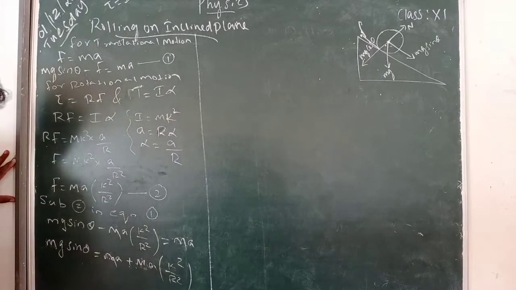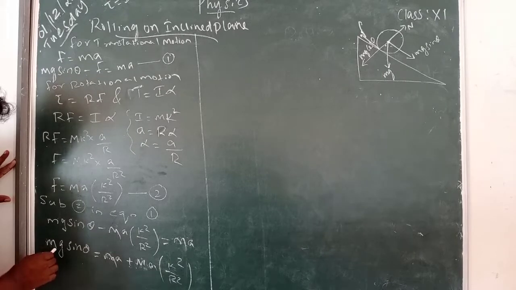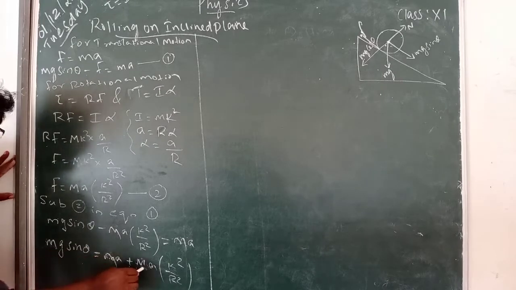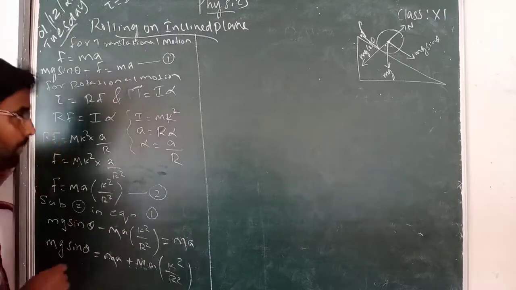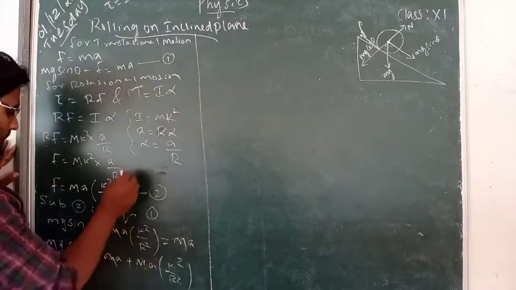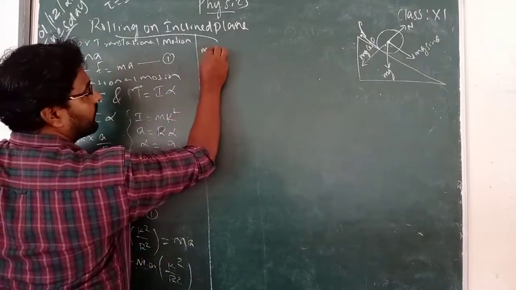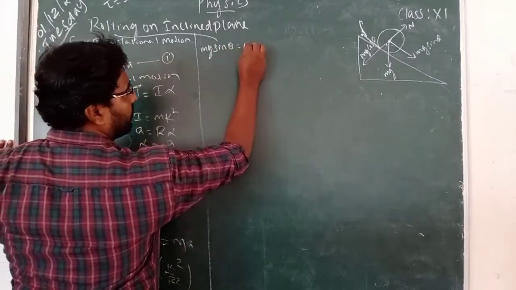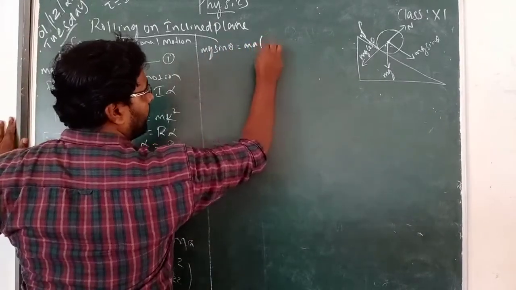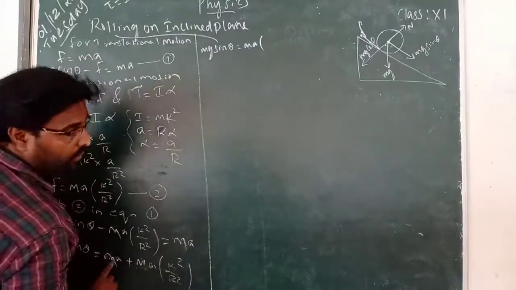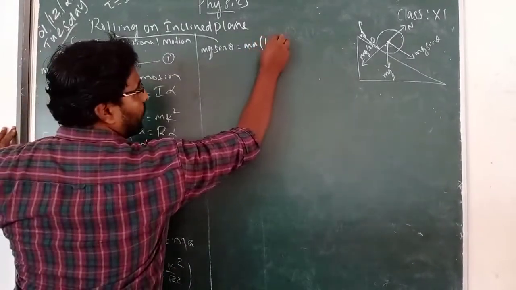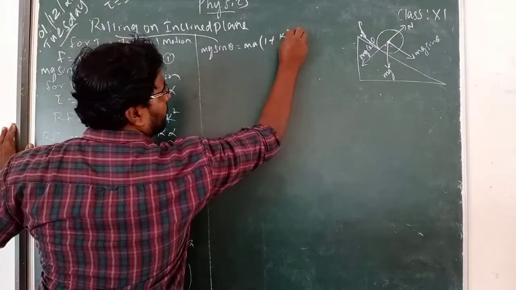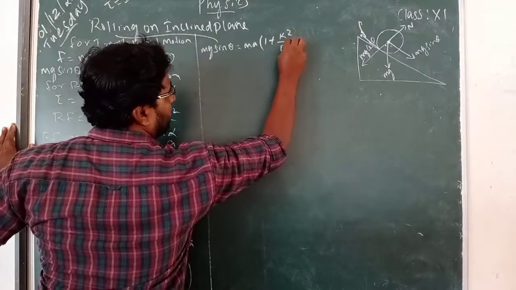Take ma commonly outside: mg sin theta is equal to ma into (1 plus k square by r square).